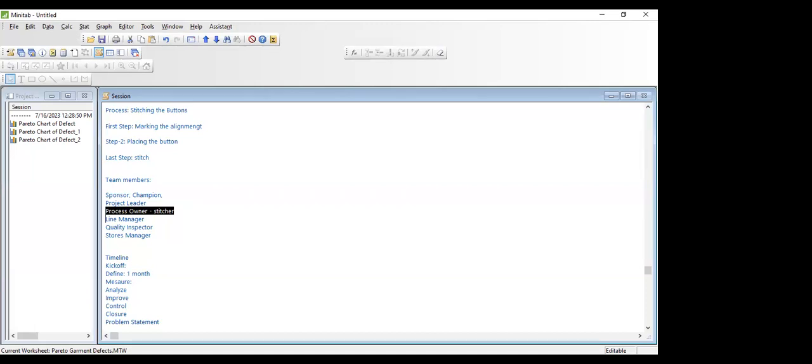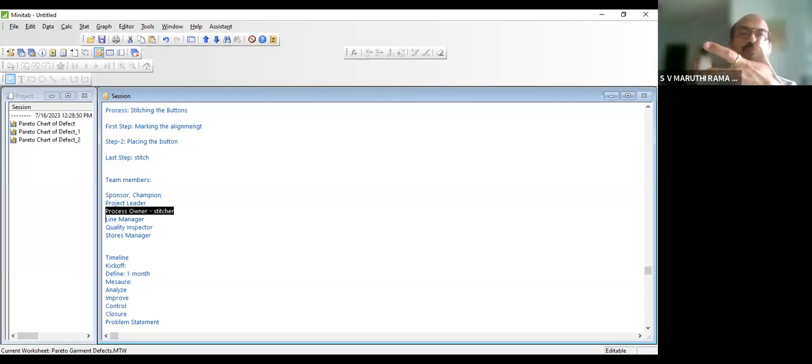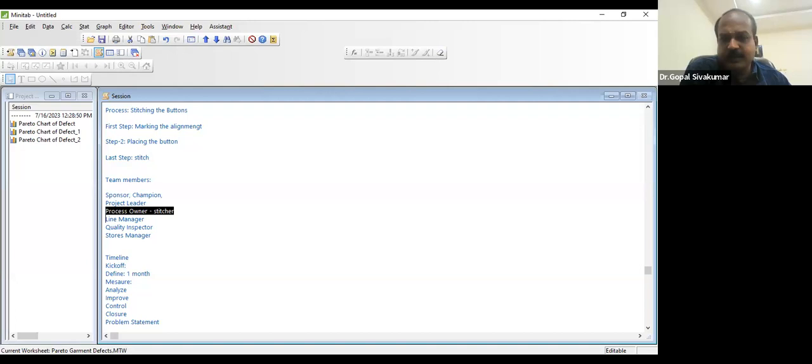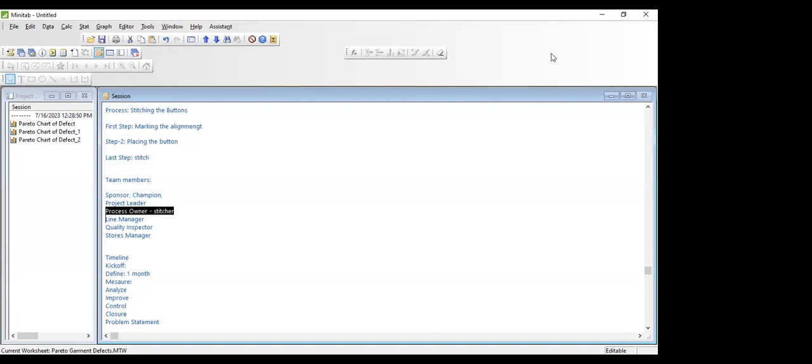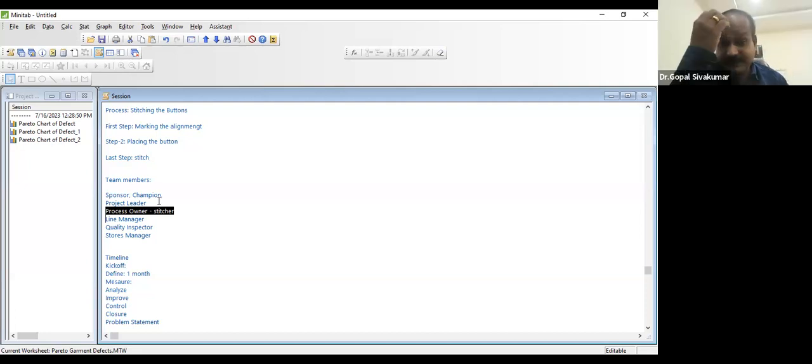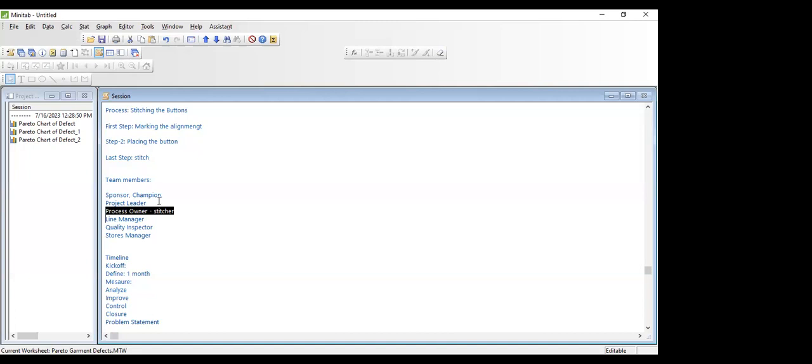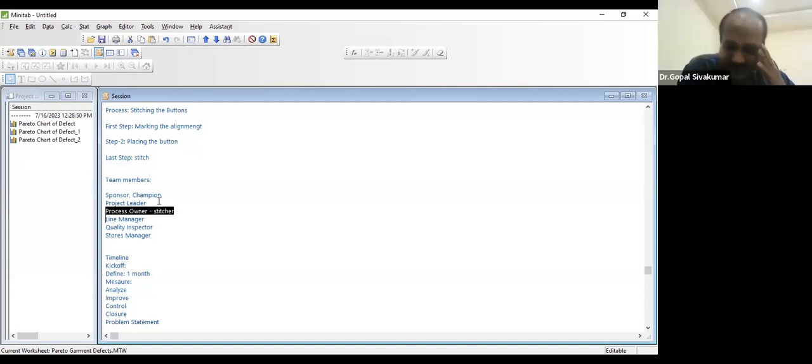He should definitely know the problem. Otherwise, involvement will not be there. Very good point, sir. He is one of the subject experts. In the defining phase, you clearly mention who is responsible for what. Excellent.